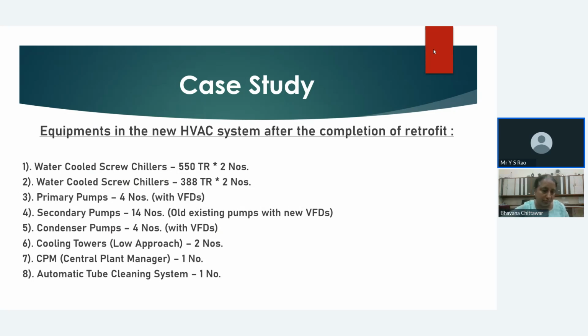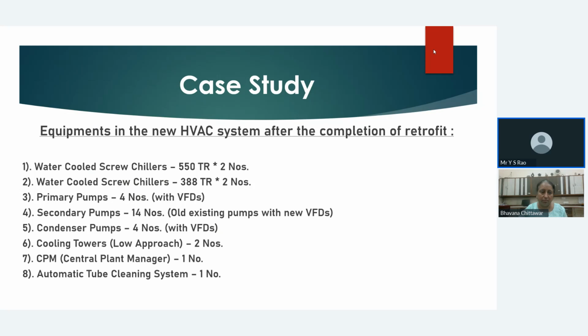Primary pumps, 4 numbers, coupled with VFDs. Existing old secondary pumps were used as they are, 14 numbers, but new VFDs were mounted on those secondary pumps. Condenser pumps, 4 numbers with VFDs, and all 11 cooling towers were replaced by 2 numbers of low approach cooling towers.